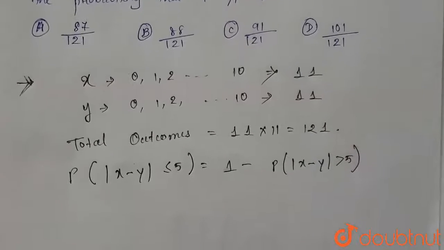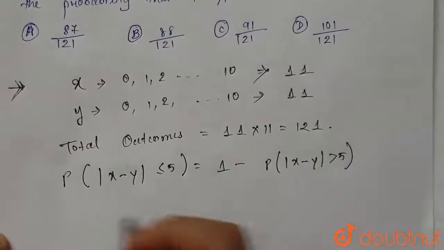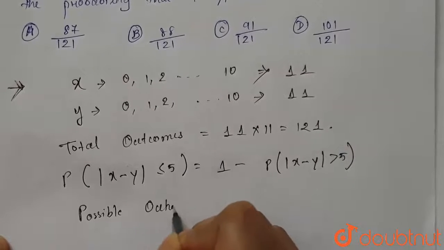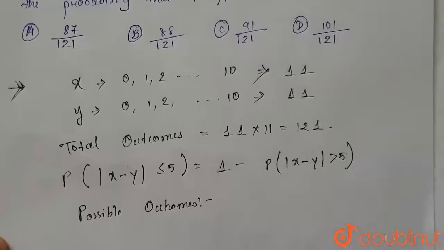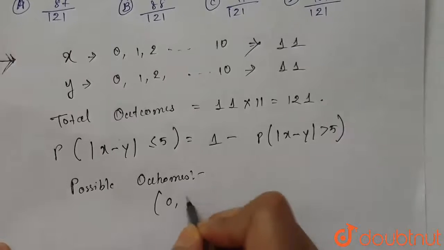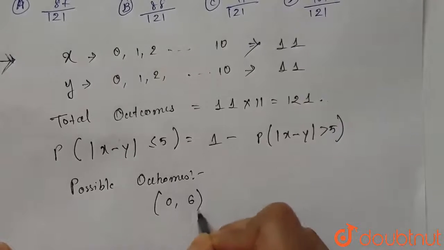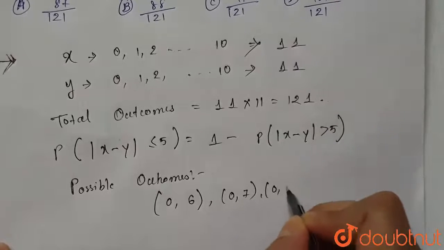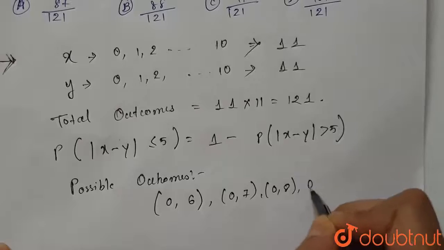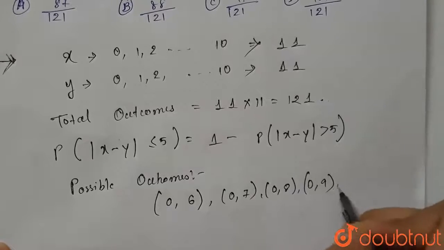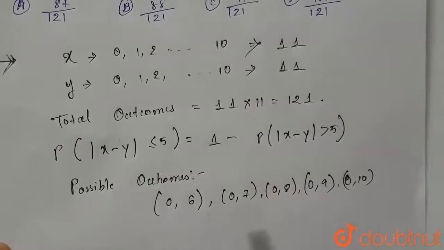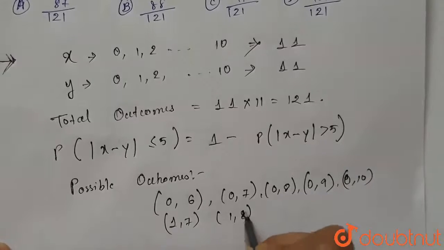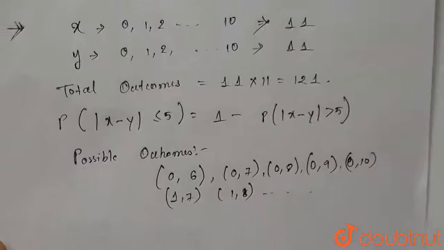So the possible outcomes for mod of x minus y greater than 5 will be 0, 6, that is when x is 0, y is 6, when x is 0, y is 7, then 0, 8, then 0, 9, then 0, 10, then again 1, 7, then 1, 8, then like this we will get the other outcomes.